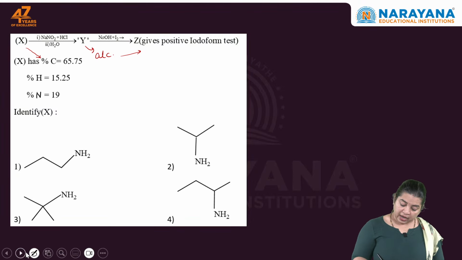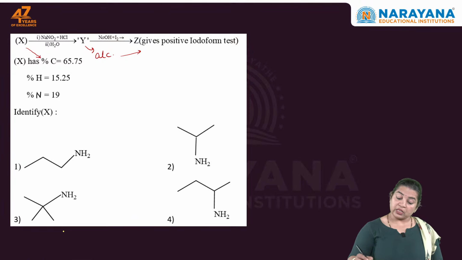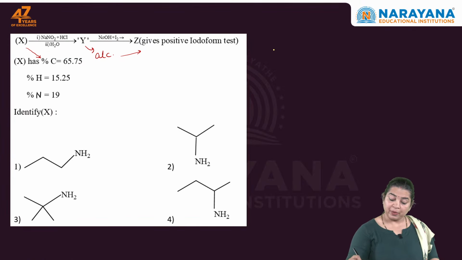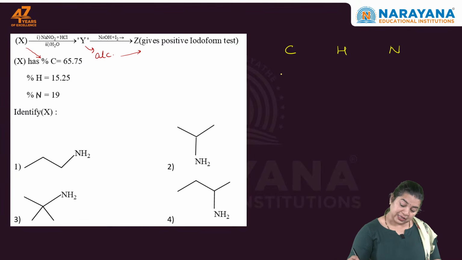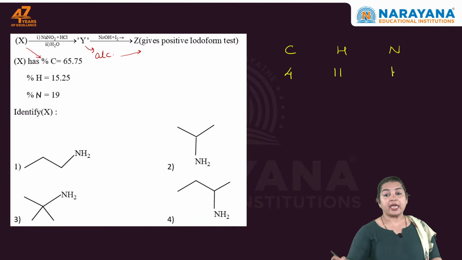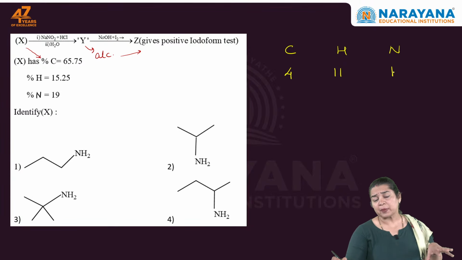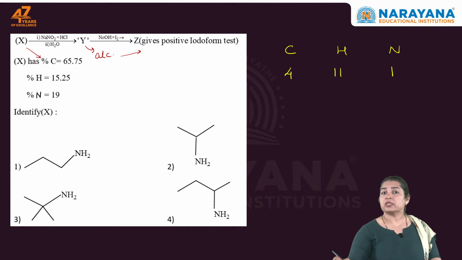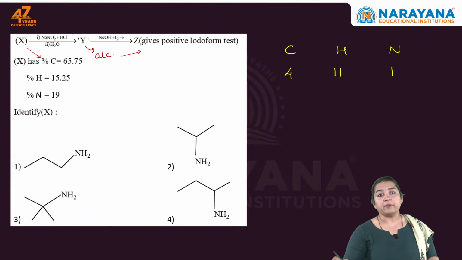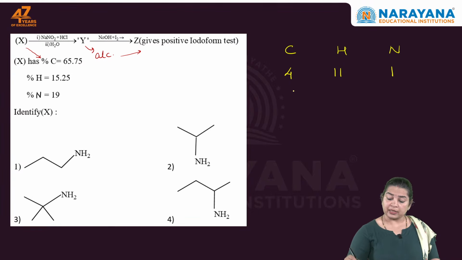So if I find out the formula by using these carbon, hydrogen and nitrogen percentages, I have C4H11N1. So this part of the question is from stoichiometry, finding the empirical formula, right? Here we'll take it as per the options available and the conditions given. So 4, 11 and N1.